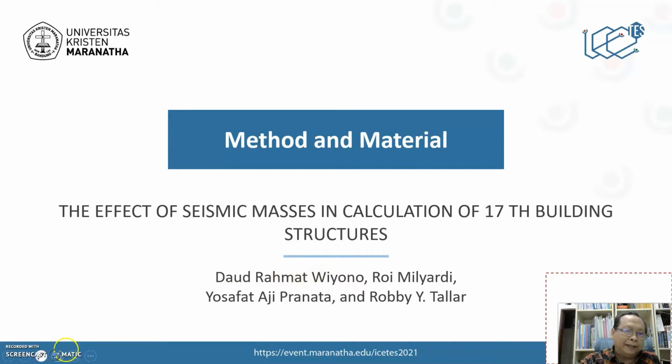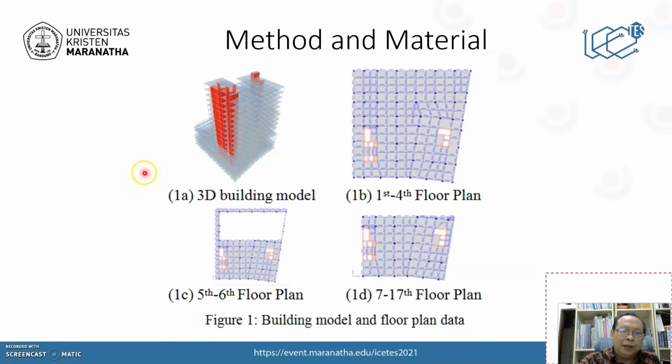Method and material. This figure represents the 3D building model, the 17-story building structure, where the bottom structure is one building, but in the upper structure, it is separated into two towers.